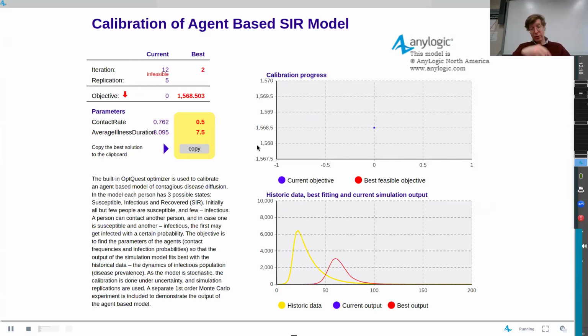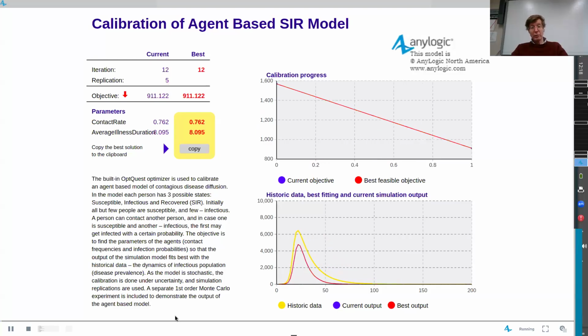Okay, so we are again running this with different values, and we are seeing attempts to match. You can see now the best output is still rather uninspiring, but it is getting closer even as we speak. We've already come down after a few iterations. I'm not sure why it's showing 1 here, but 12. It's come down to about 900 or something like that.